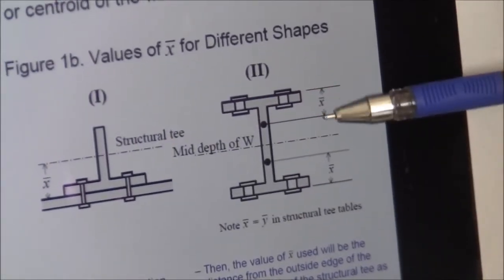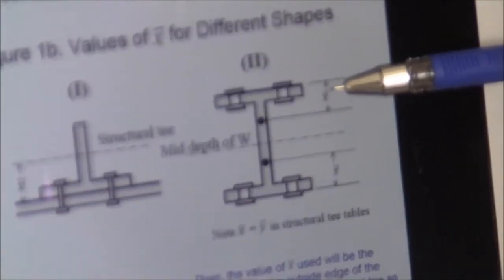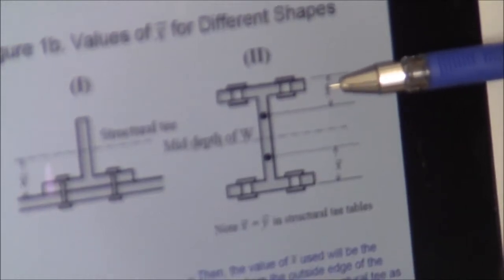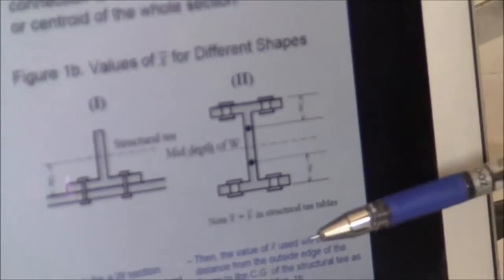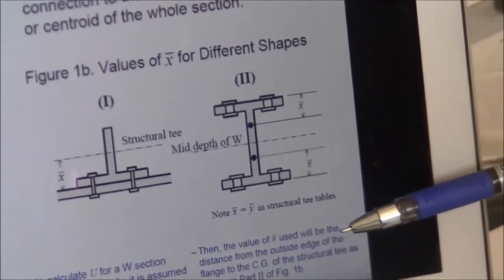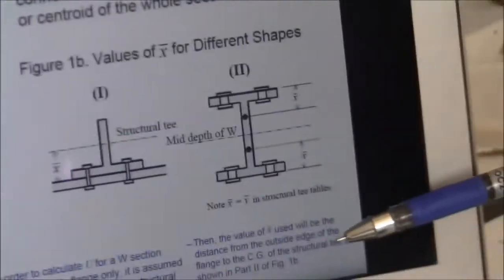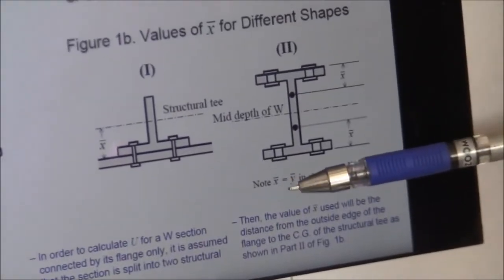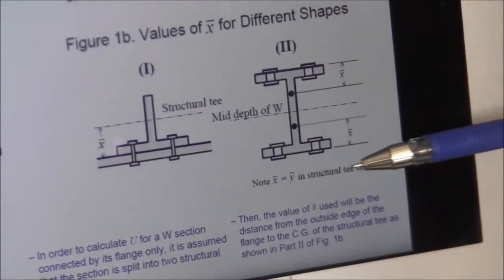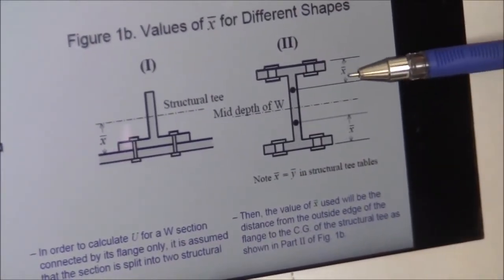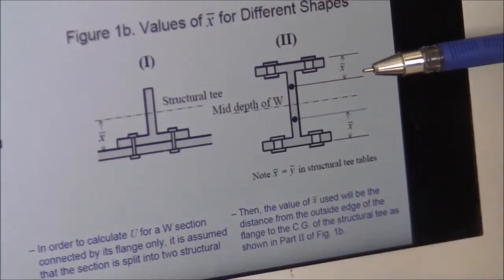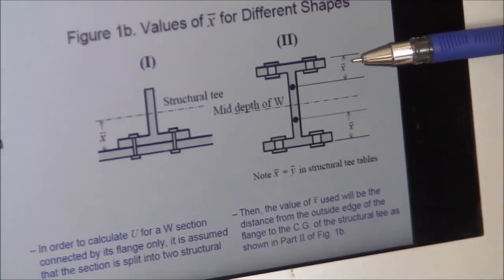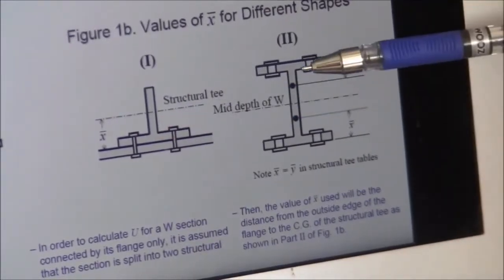So you are looking for this distance, x bar. If you go to the manual, you obtain this distance from the T made from the W shape. The value of x bar used will be the distance from the outside here. x bar equals y bar in the structural T. So this value you are looking for, which is x bar in this formula, is listed in the manual in a standard shape as y bar for the T made from this W shape.